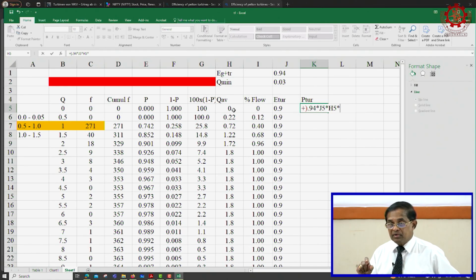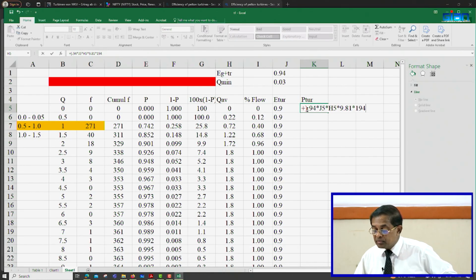Rho we will take as 1000 out and say this is in kilowatts, g is 9.81, and H is 194, the net head in our case.